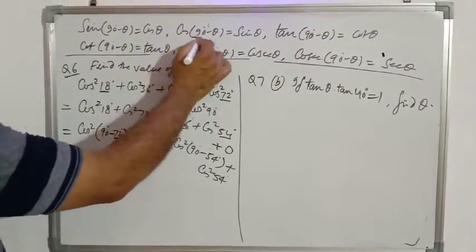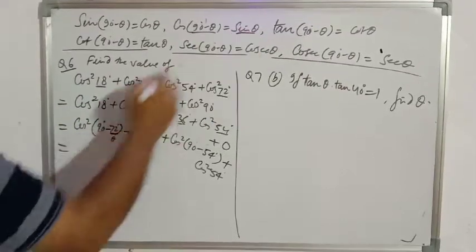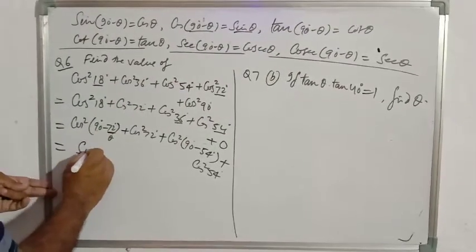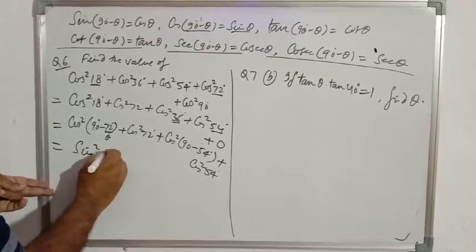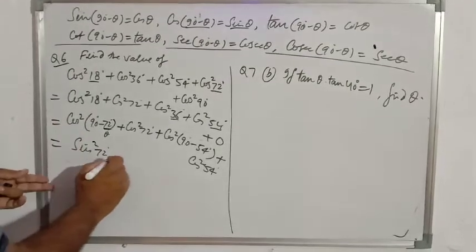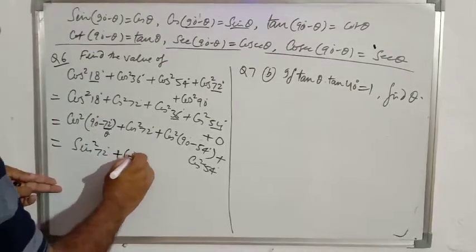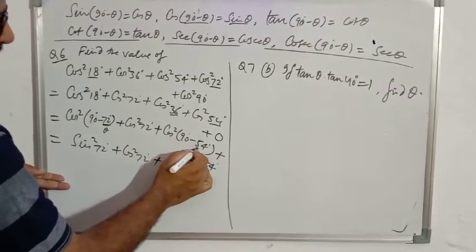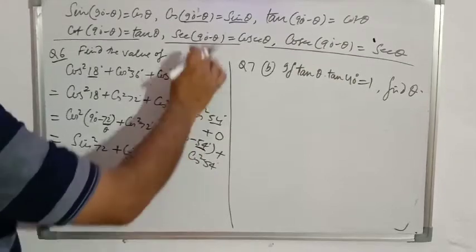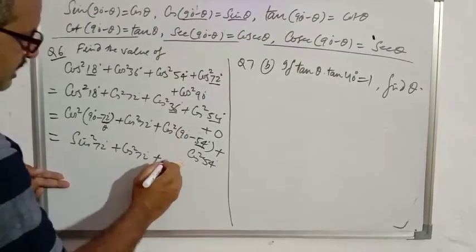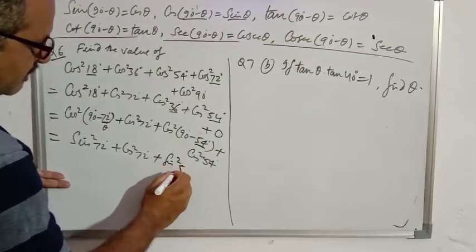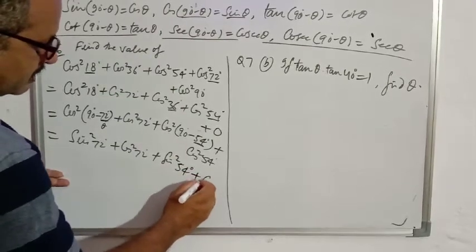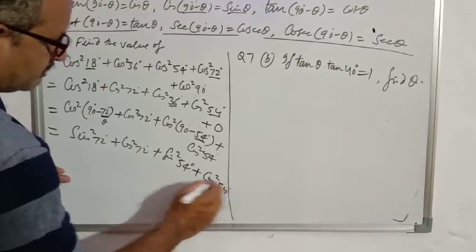What is cos 90 minus theta? Sin theta. So it will be sin square 72 degree plus cos square 72. Again cos 90 minus theta, theta is 54, gives sin theta. It will be sin square 54 plus cos square 54.